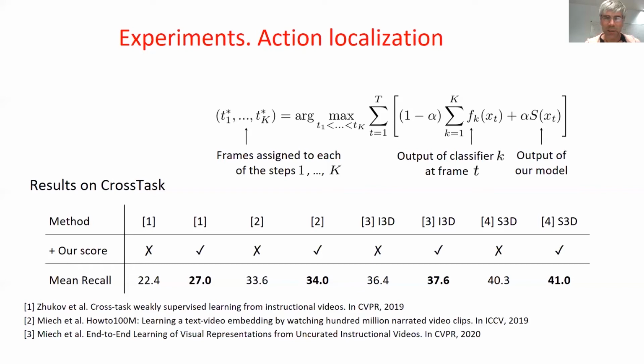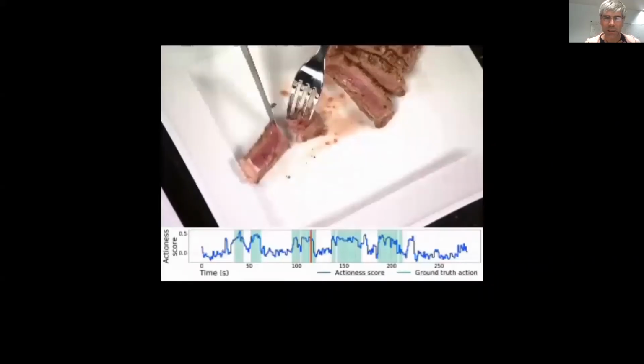So I've shown the action discovery in the CrossTask dataset, which is reference 2 in this table. You see that adding the actionness to the previous method does improve the results, as well as for other papers.